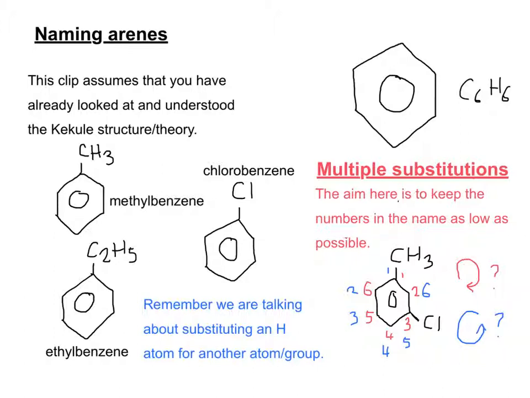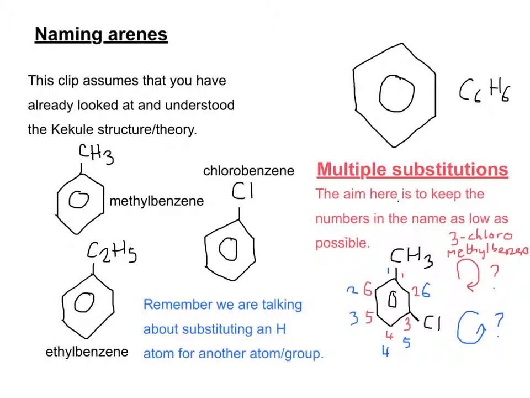So this now gives us two possibilities. If we name it clockwise, we then call it 3-chloro-methylbenzene. That's meant to read as a benzene, I'm sorry, it's gone off the screen.